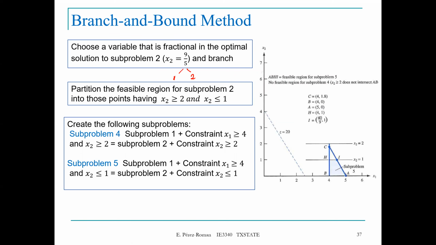So if we perform that, now we are looking at x2. The constraints are going to be in this direction. This one is x2 greater or equal to 2. And this one is x2 less than or equal to 1.